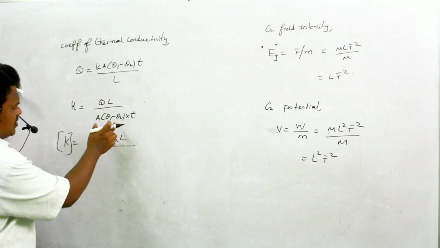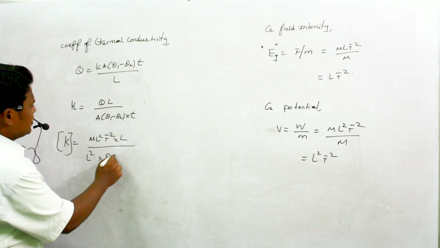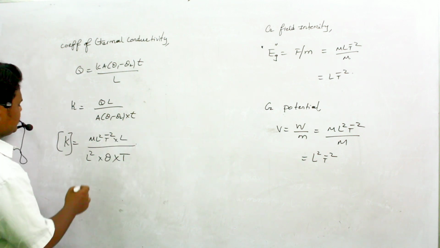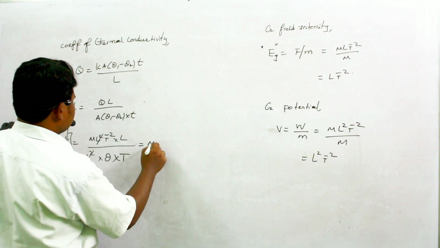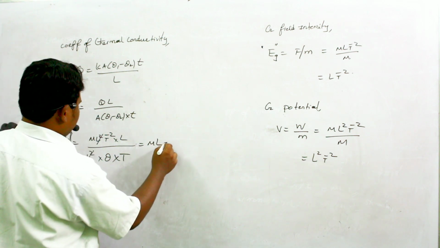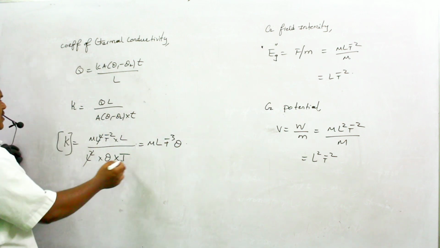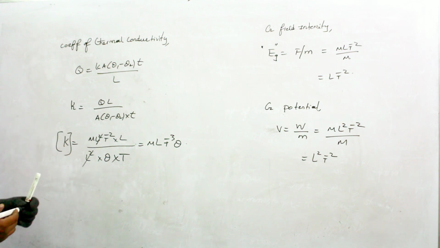Temperature is a fundamental quantity, so directly I can write it as θ, and the time taken is T. Therefore the L terms get cancelled, so I can write it as M L T⁻³ θ⁻¹. So this should be the dimension of the coefficient of thermal conductivity.